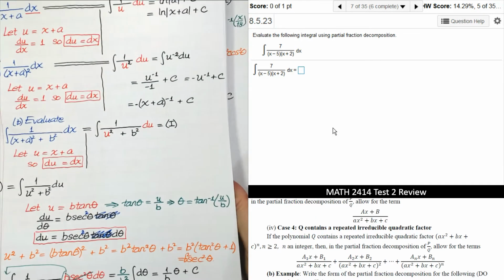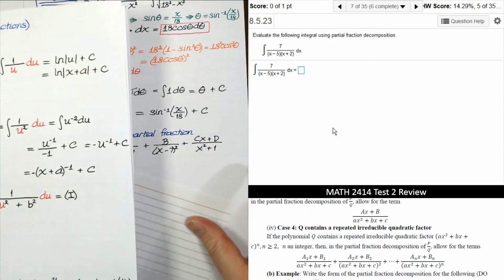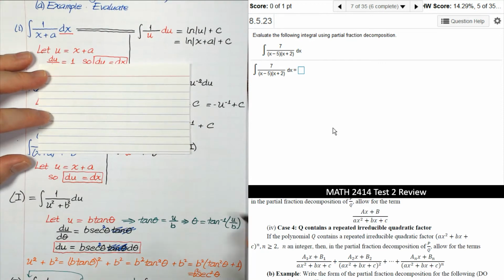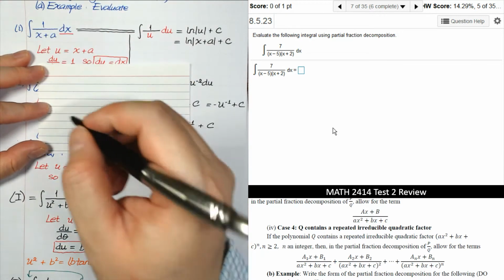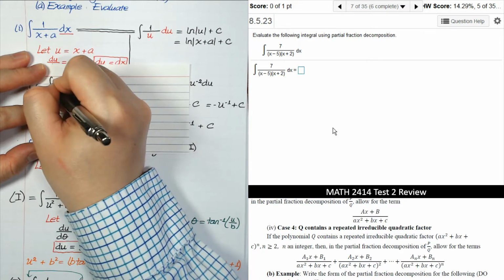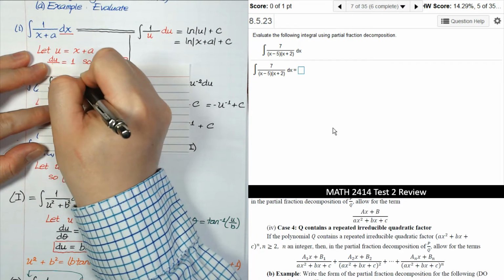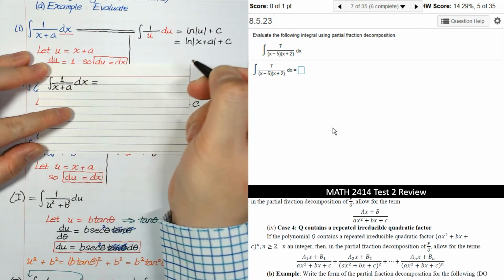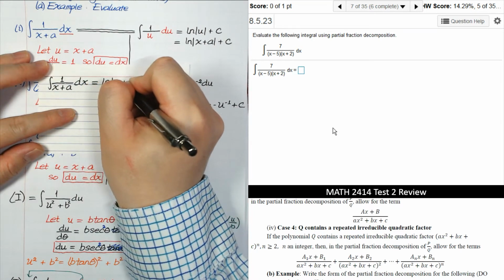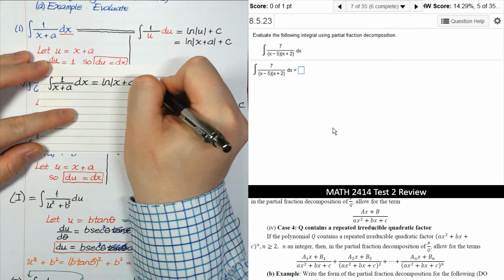This is subsection 2 of section 8.5. I will write out these 3 integrals because they will be extremely handy. The integral of 1 over x plus a dx equals ln of absolute value of x plus a, plus c.